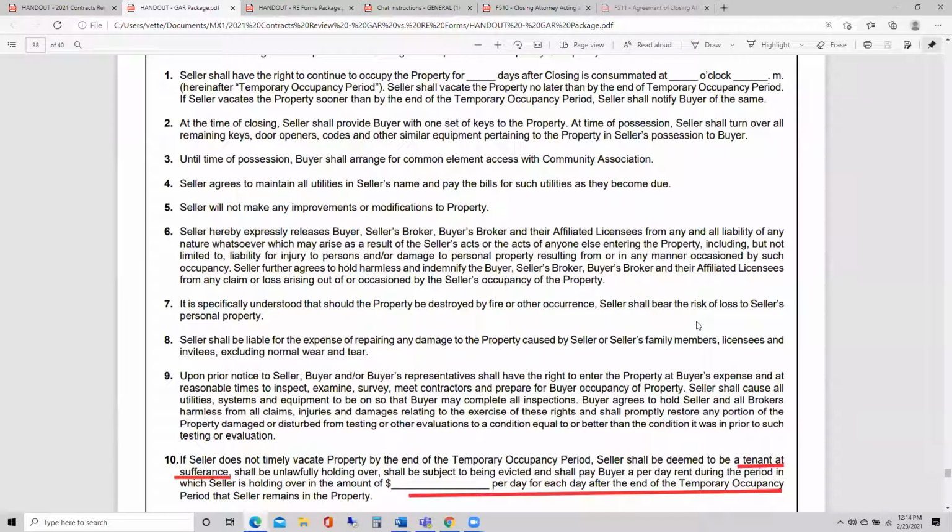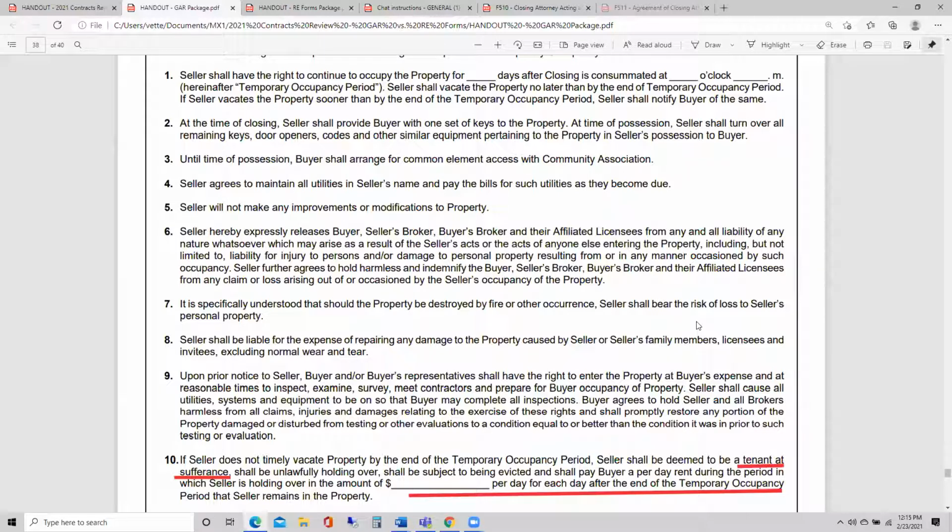The reason you don't want that seller to be a true tenant is because that kicks in a whole additional body of laws. Now, it still might be difficult to get the seller out, but it kicks in all the Georgia landlord tenant laws if it is a true lease and the seller is an actual tenant. You don't want the seller to be a tenant. It's just an agreement regarding temporary occupancy.